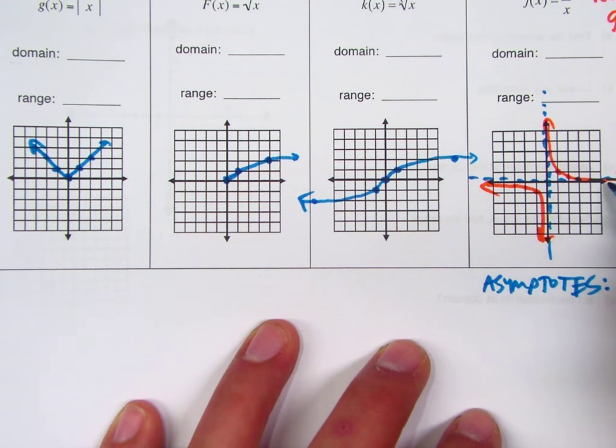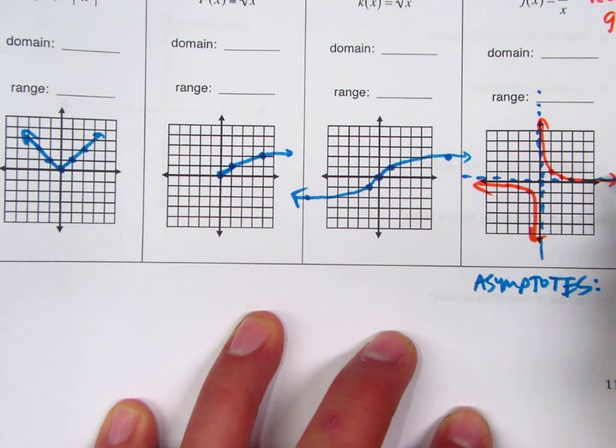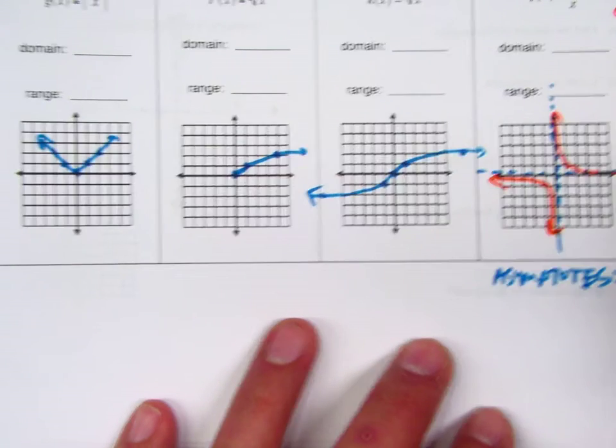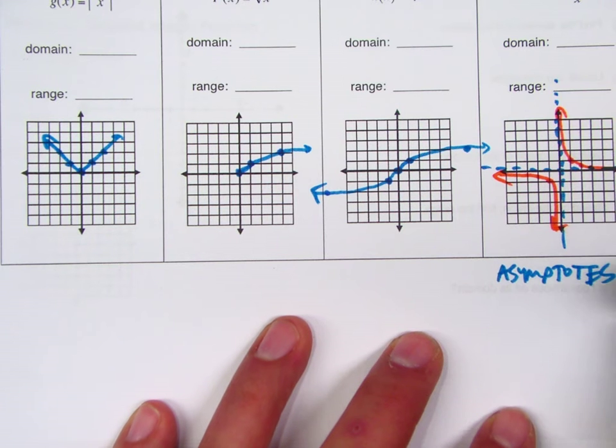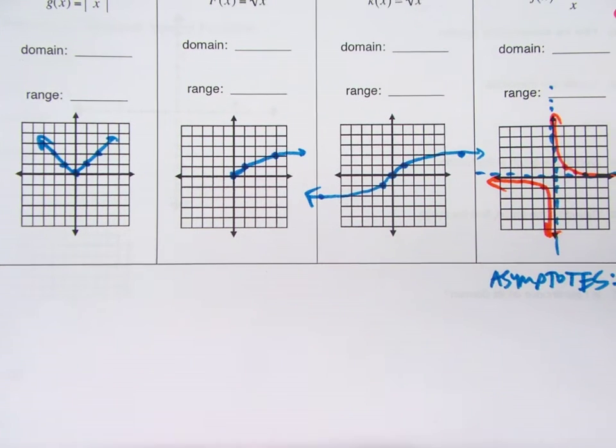As we get further and further out, do you see how these lines represent where the graph is headed? Same thing near 0. The asymptotes would be this flat horizontal line at y equals 0, and also this vertical line at x equals 0.